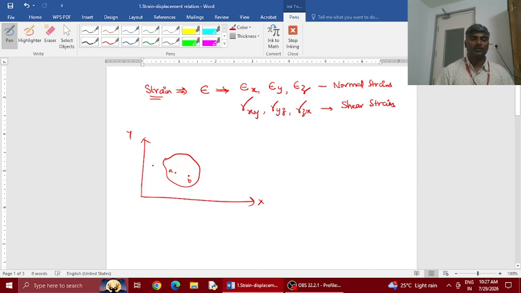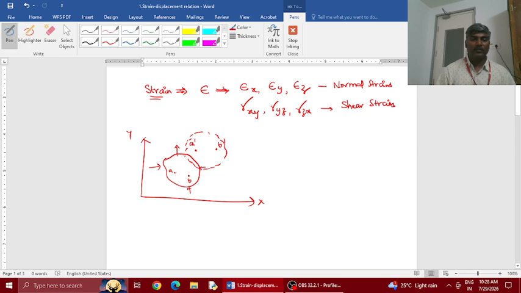After you apply some type of forces on this body, it is going to deform something like this. So the point A would have moved to somewhere, something like this, and point B would have moved to something like this. I call these A dash and B dash. So A displaced to A dash, B displaced to B dash.